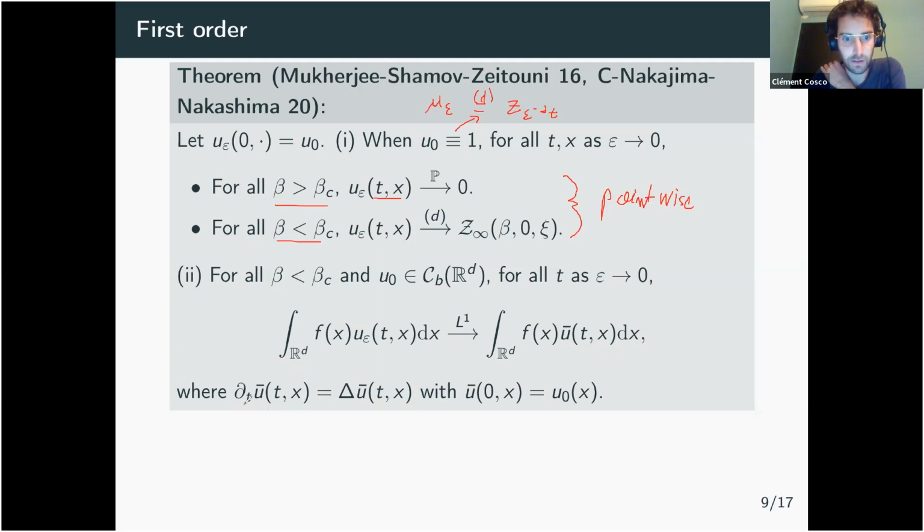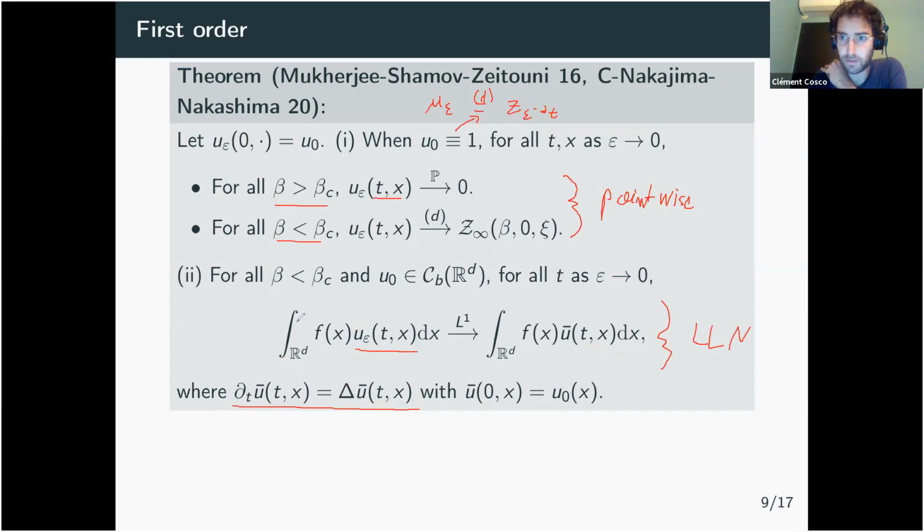So it's a deterministic term, and in fact, you can think about this as a law of large numbers, because what will happen is that the U epsilon field will become decorrelated: the correlation between two points x and y will go to 0 as epsilon goes to 0.